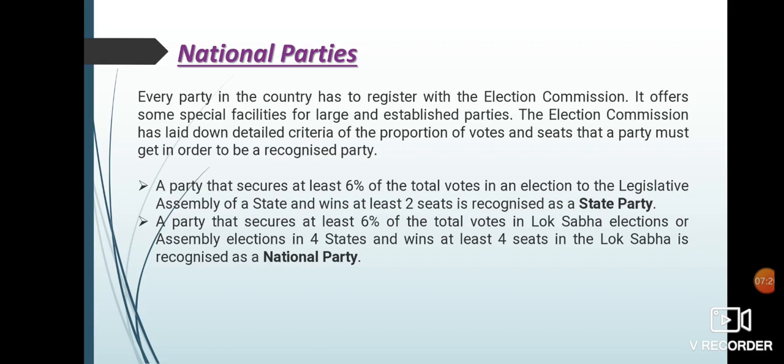A party that secures at least 6% of the total votes in an election to the Legislative Assembly of a state and wins at least 2 seats is recognized as a state party. And a party that secures at least 6% of the total votes in Lok Sabha election or assembly elections in 4 states and wins at least 4 seats in the Lok Sabha is recognized as a national party.